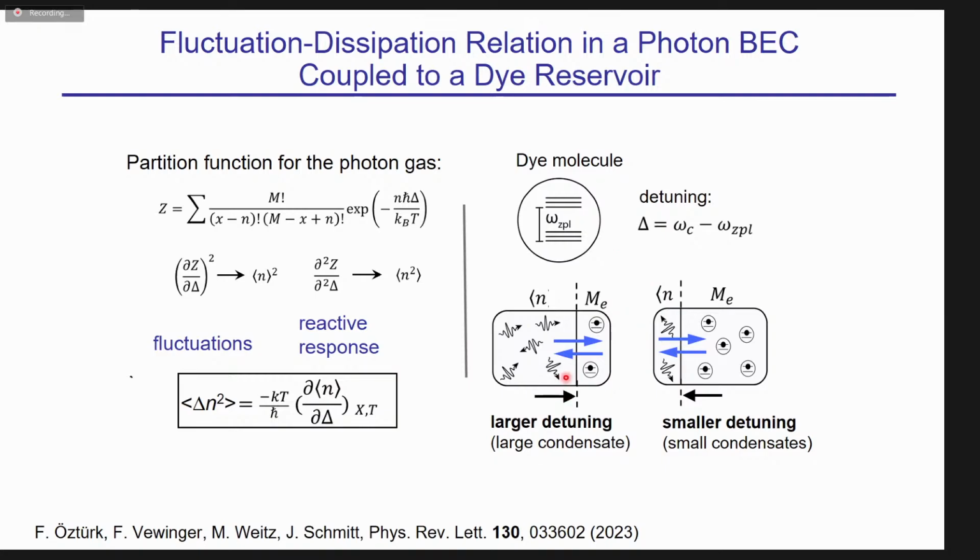What that is, essentially, is changing the point where photons and dye molecules have a slightly different energy due to the detuning. And if you change this detuning, you basically probe the stiffness of the condensate.